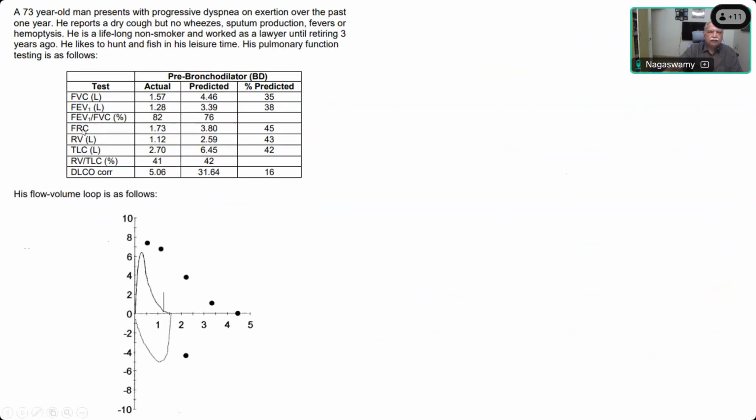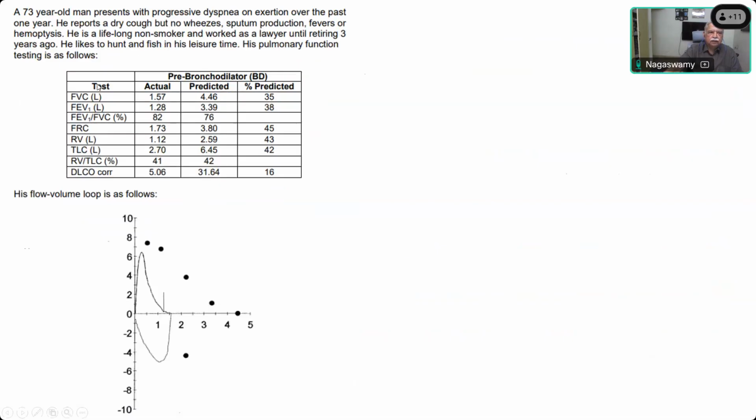This is the next case. A 73-year-old man presents with progressive dyspnea on exertion. He reports a dry cough, but no wheeze, no sputum production, fever, or hemoptysis. He's a lifelong non-smoker, worked as a lawyer until retiring 3 years ago. He likes to hunt and fish.